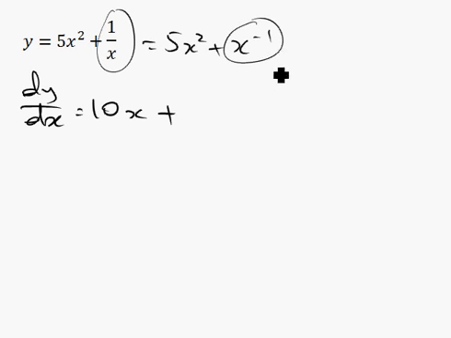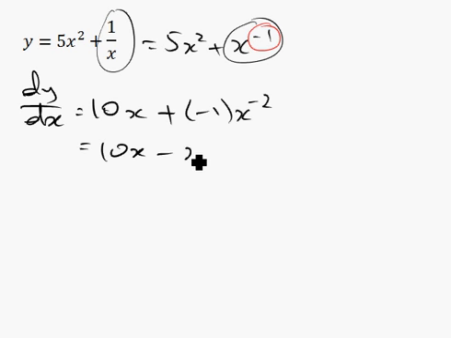If I do it this way, it's a lot easier to see. I bring the minus 1 down, I write the x, I reduce the power by 1. This power is minus 1, if I reduce it by 1, 1 less than minus 1 is minus 2. It's not 0, it's minus 2. So that's what I get. Simplify: 10x minus x to the power minus 2.